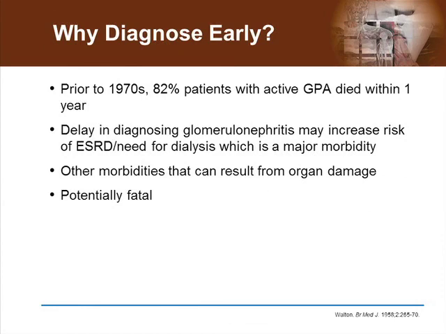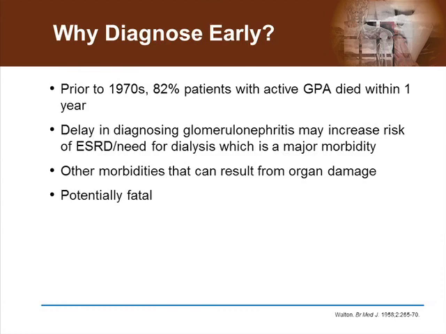So we all know that we should be diagnosing vasculitis early, and the main reasons are that these are pretty severe diseases. Back in the 1970s or before that, when we did not have good treatment for GPA, it was reported that 82% of patients with active GPA died within the first year.